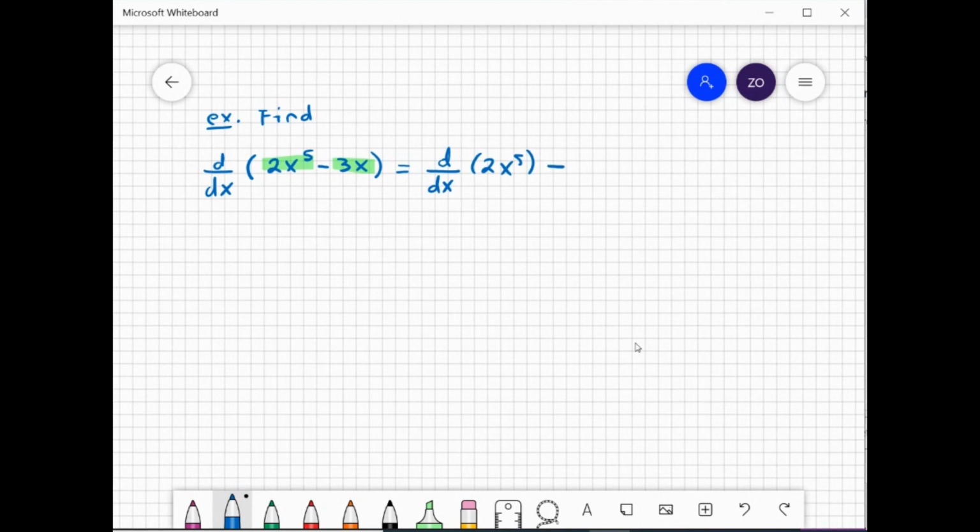So we will find the derivative of each of them separately. Agreed? Okay, so we will just find the derivative of each and subtract. So this is the difference rule.